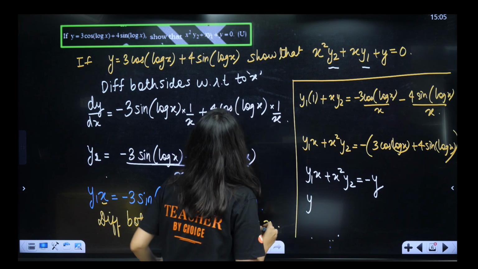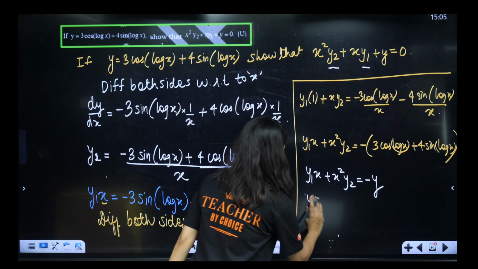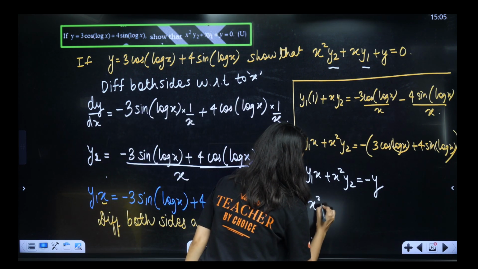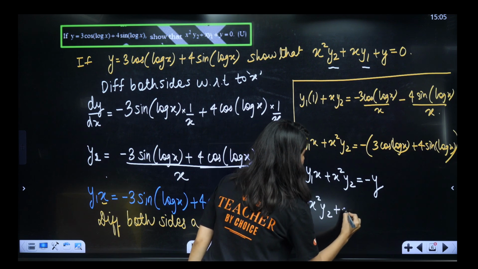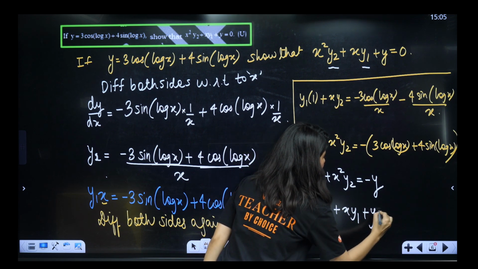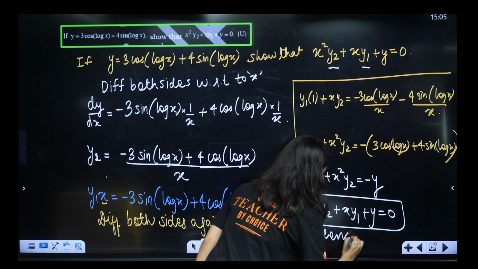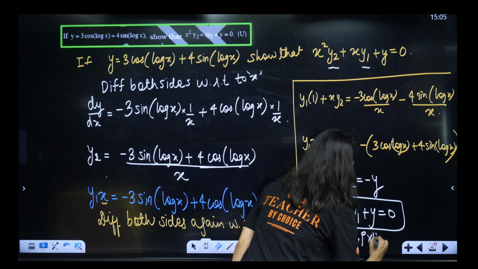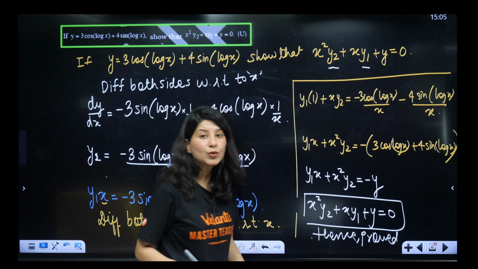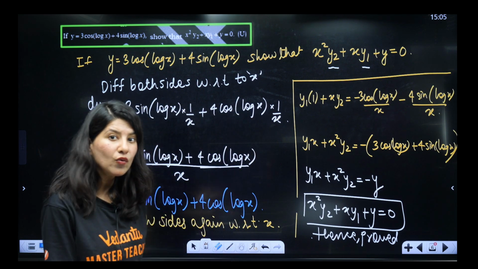So, now we just have to rearrange. x square y2 plus x y1 plus y equals 0, we are automatically getting. This is the beauty of such questions. Understand? The beauty of the question is you don't have to put extra effort in proving it.